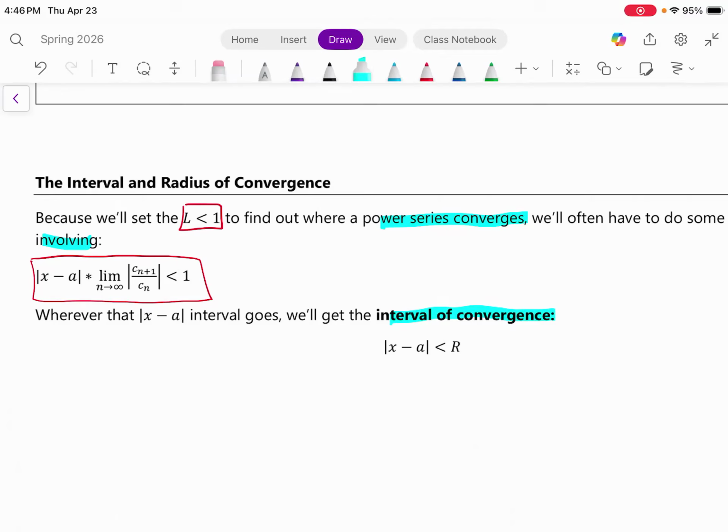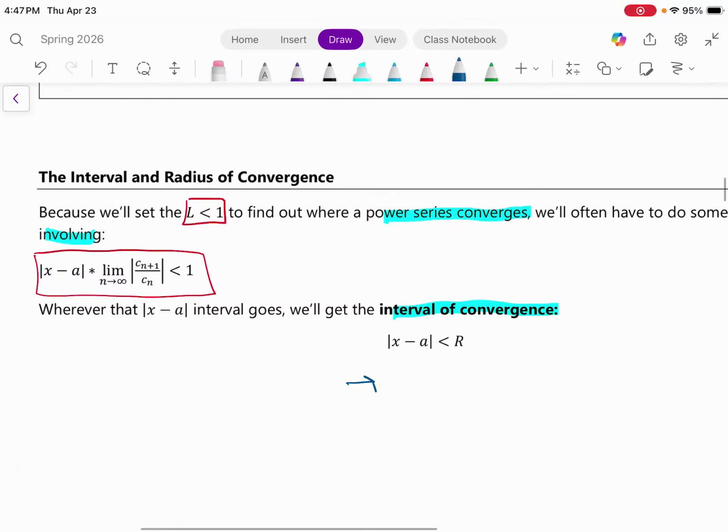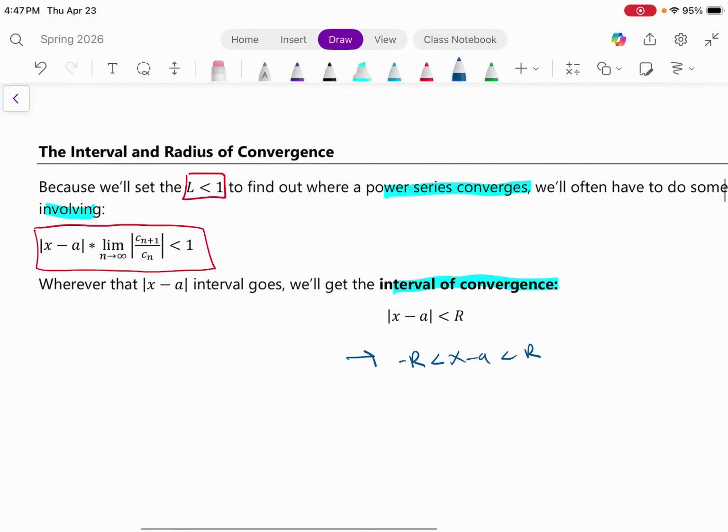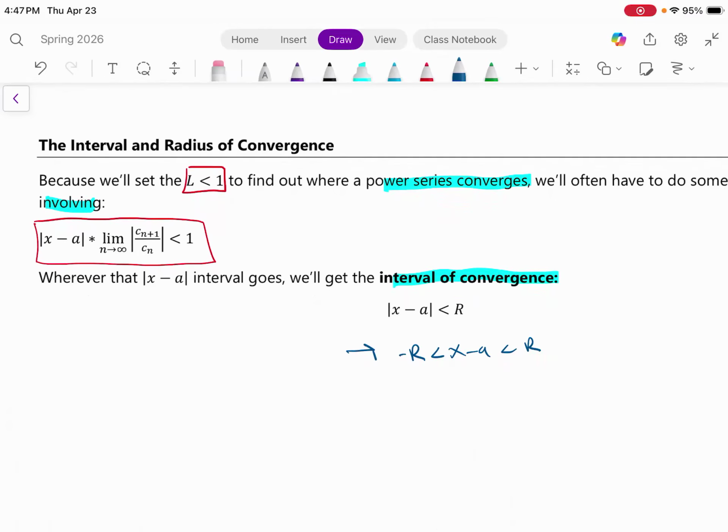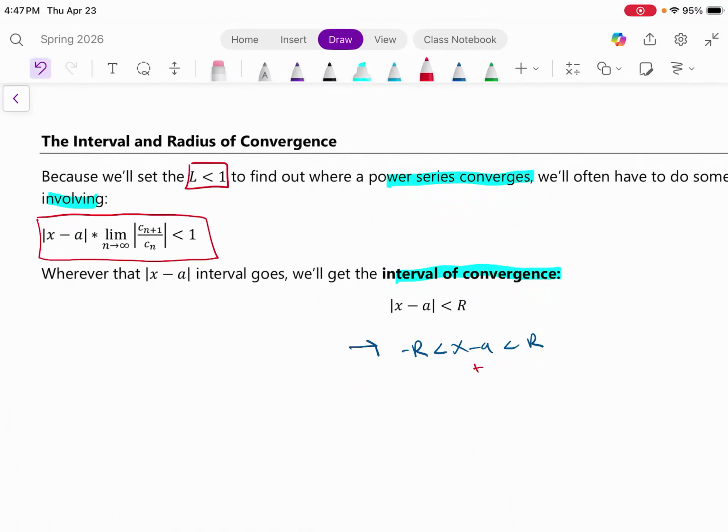Okay, so we have the absolute value of x minus a less than r. The way we work this is we drop the absolute value, and we have x minus a between negative r and r. But we want to find the values where x converges, so we add a to both sides.